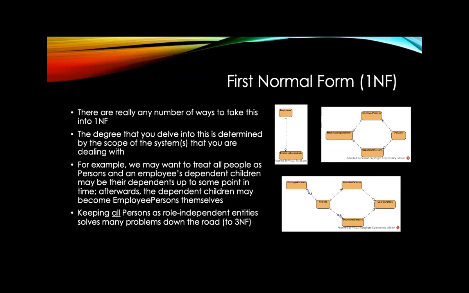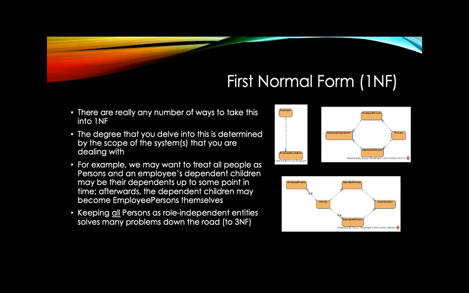I'm not just tracking it from the fact that it's a person and then this is a dependent of a person, they're dependent of an employee. If they change jobs and go work at another company, are my kids no longer my kids? They still are. So why would I model this using an employee ID to determine who my kids are as opposed to using a person ID?